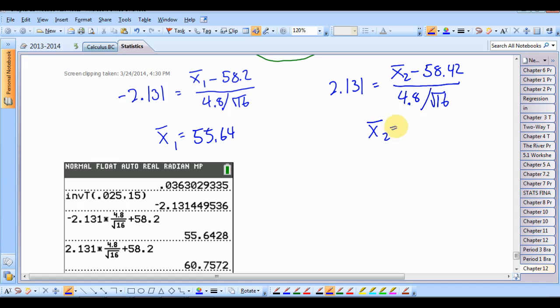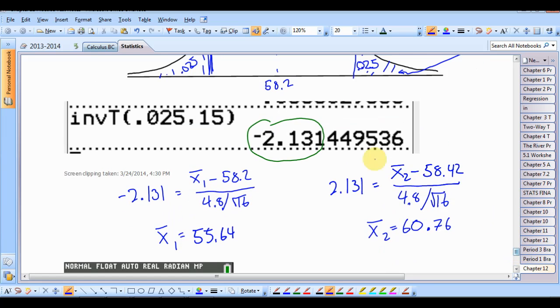X bar 2 is equal to 60.76. Let's put that here: 55.64, 60.76.